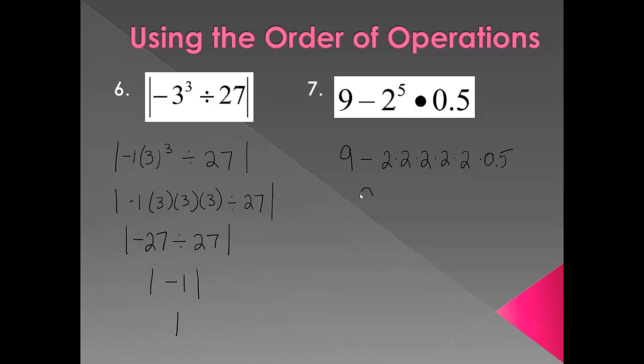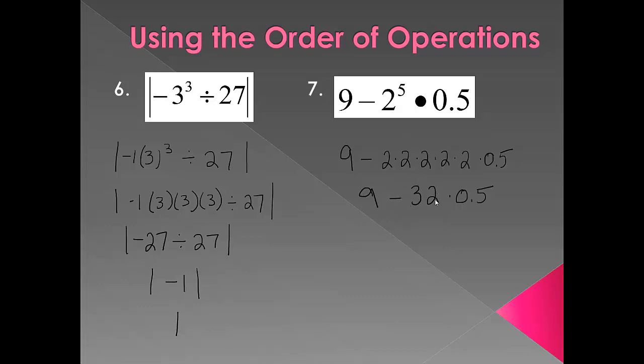So we'll have 9 minus 32, because that was 2 to the 5th power, and then we're still multiplying that by 5/10. You could have gone ahead and multiplied 32 times 5/10 for this step if you wanted to skip one step. I went ahead and wrote down 32 because that's what 2 to the 5th power equals. So now we're going to do our multiplication.